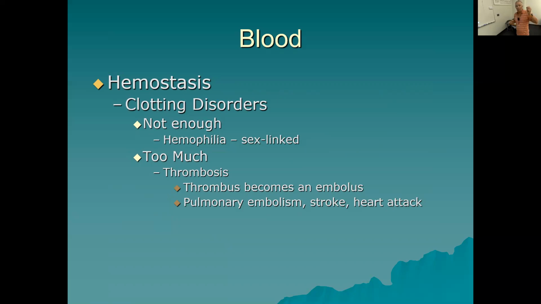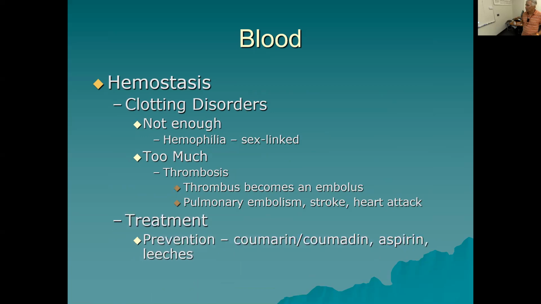That embolism is going to find its way to a small blood vessel in some part of your body and cut off the blood supply to that part of the body. That can really be dangerous if it happens in the lungs, the brain, or the heart, the coronary blood vessels. So this can cause a pulmonary embolism, a stroke, or a heart attack if you have a broken-off inappropriate clot.